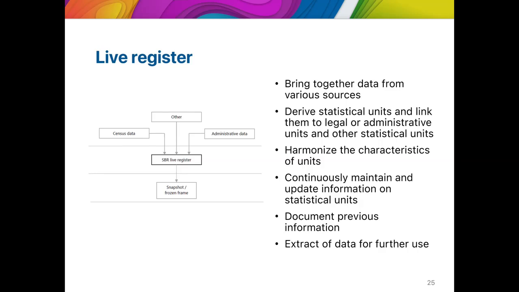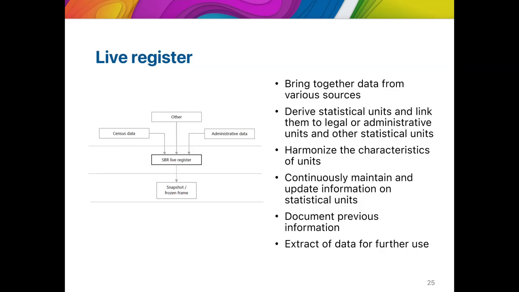SBR serves as a statistical infrastructure that enables the validation and integration of data from various input sources, the alignment of definitions of the units between data sources while keeping linkages to source units, the harmonization of the characteristics describing these units, also the continuous updates of the information of these units while keeping a history of their previous information. Lastly, the extraction of data for further use.